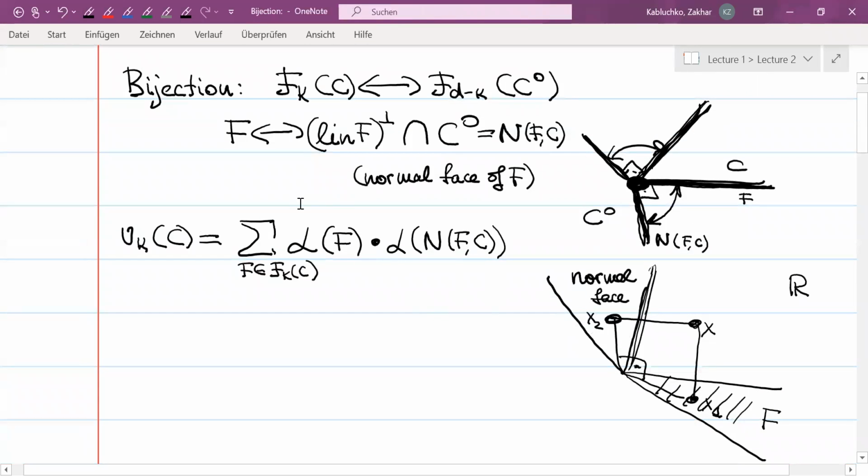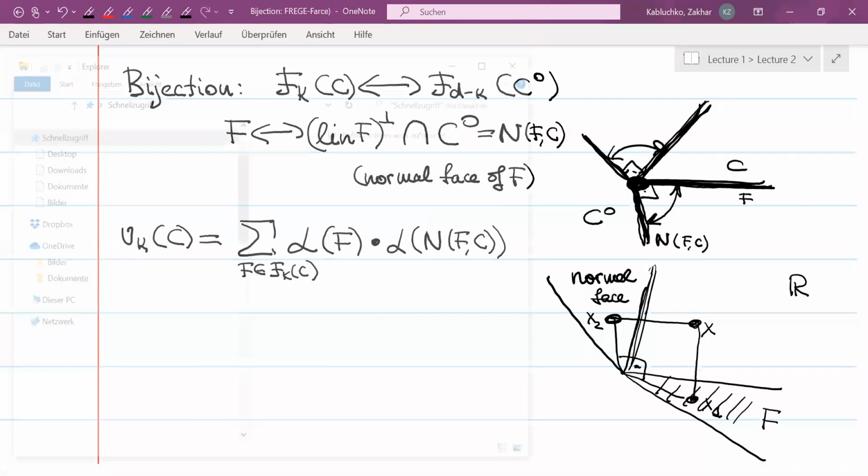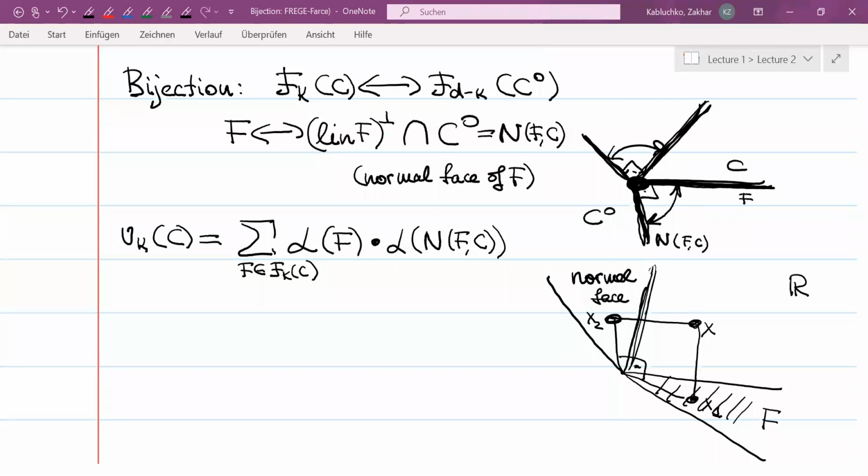And this formula is very similar to what we had for the usual intrinsic volumes, non-conic, namely there we had the volume of F times the normal angle. And this replaces, so to say, the normal angle, and the first term replaces the volume.